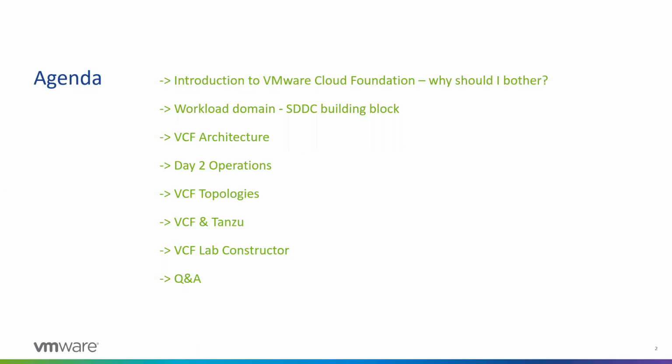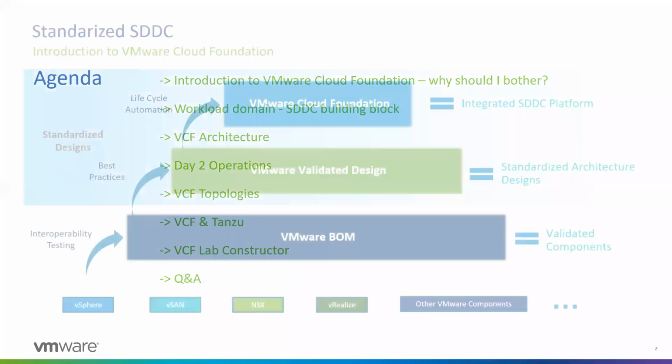I'm using my own lab, but there are some other ways, in case someone is interested, to implement VCF easily in your lab environment. And at the end, I will share some tips and tricks from my recent experience working with customers, so in case you are jumping into some deployments or designs for you or your customers, you will know what you should pay attention to.